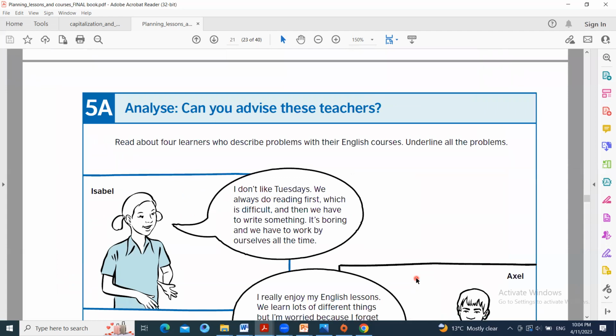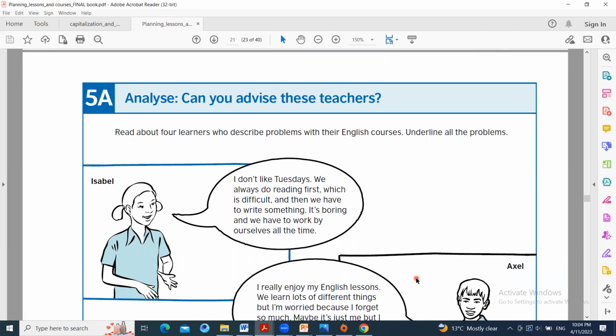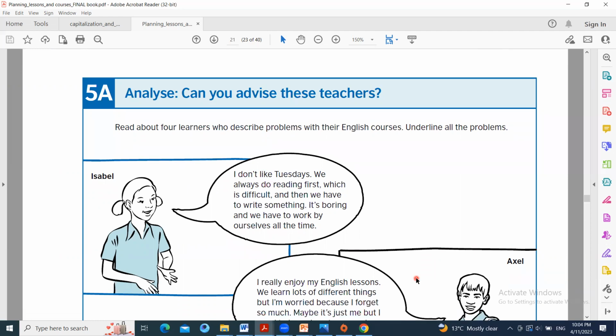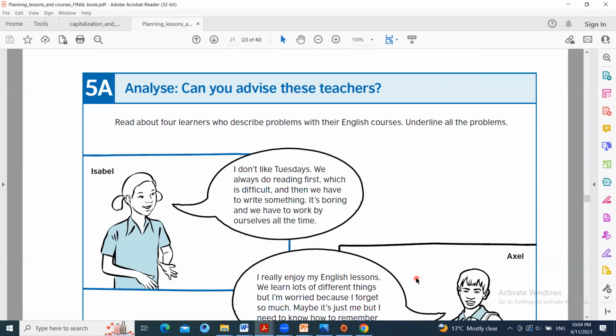Now, let's move to the point of analysis, Part A, analyze. Can you advise these teachers? Okay, read about 4 learners who describe problems with their English courses.